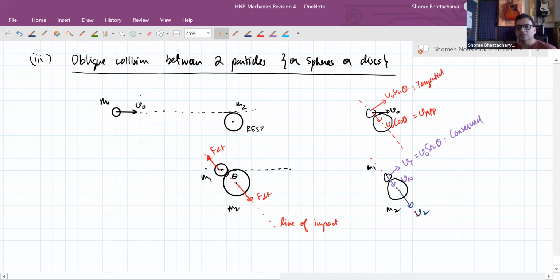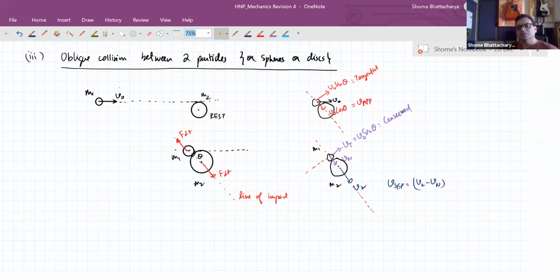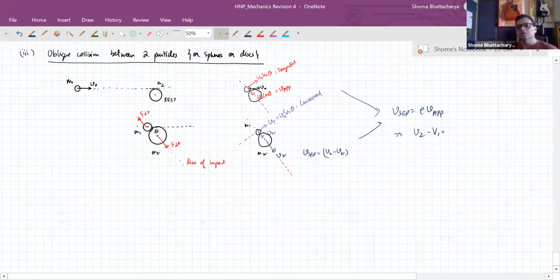It started from rest. Okay. So here what will happen is that our separation velocity will become v2 minus vn. Okay. So then we can use this simple result that v separation should be equal to E times V approach. So that means V2 minus Vn, that is our separation velocity, should be equal to E times V naught cos theta. That becomes our first equation.